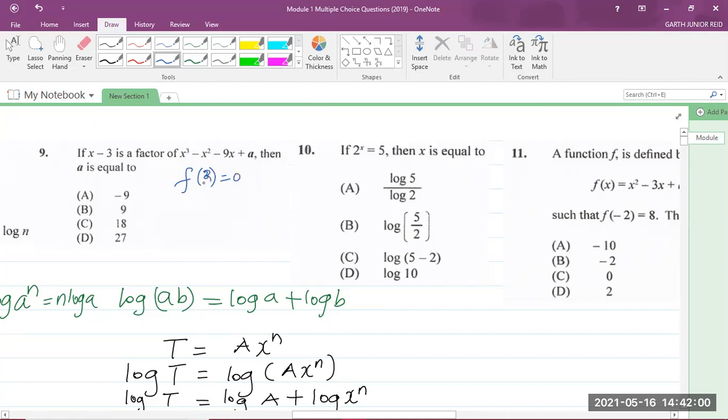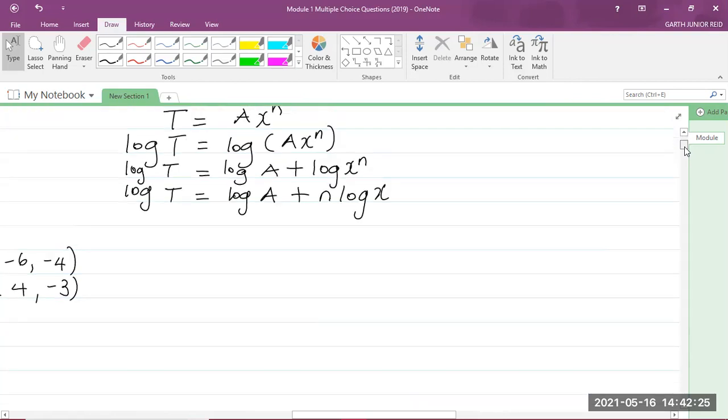If you're wondering how I got this 3, all I did was just equate this expression here to 0. All right, so that's x minus 3 equal to 0, which implies that x is equal to 3. So when I substitute 3 into this cubic polynomial here, I'm supposed to get 0. That will allow me to solve for the value of a. All right, so let's just write it down here.